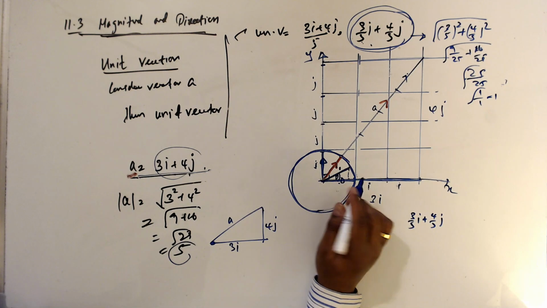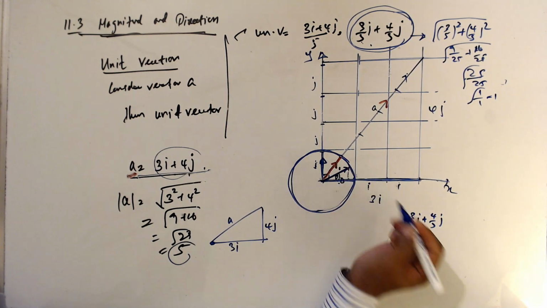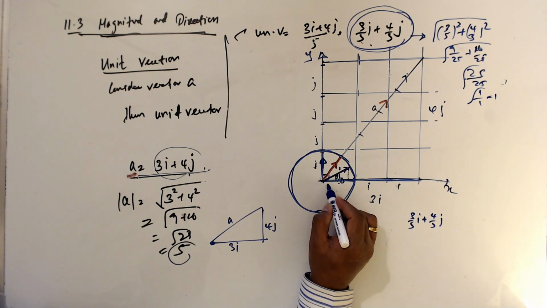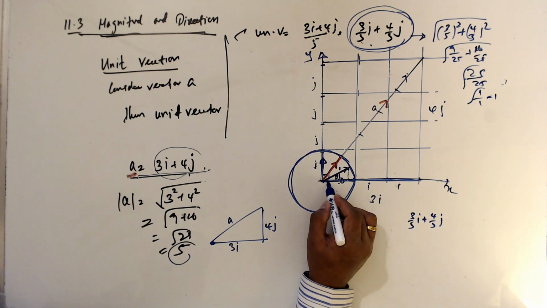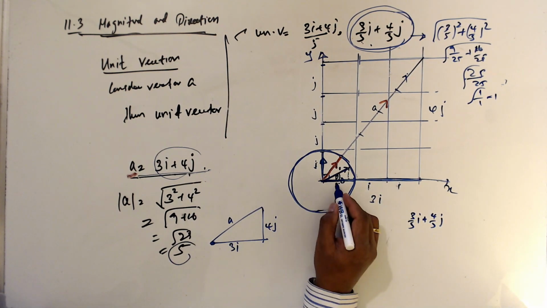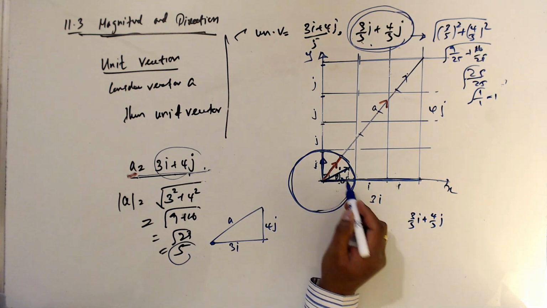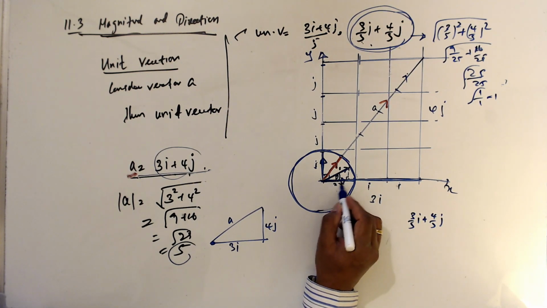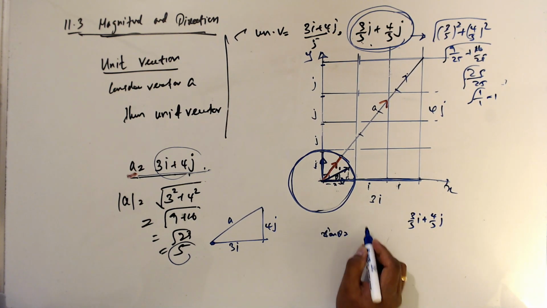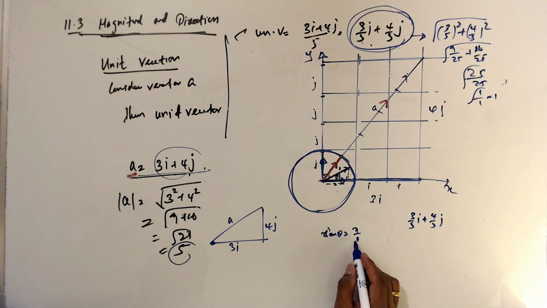Now how do I write the unit vector for this direction? You can write a unit vector for this direction if you know this distance. This is adjacent, this is the hypotenuse, this is 90 degrees. If I take this distance as x, cos theta equals adjacent over hypotenuse, and the size is 1, so x equals cos theta.